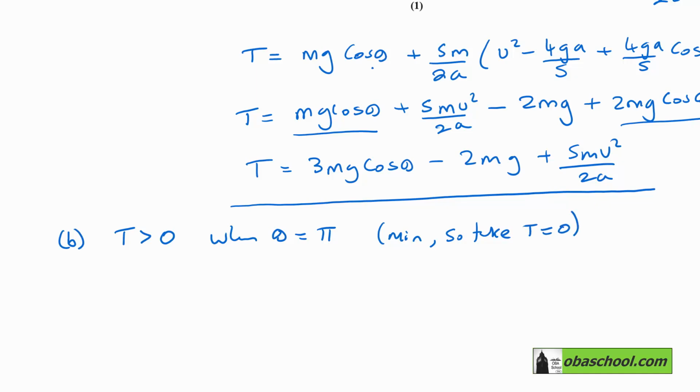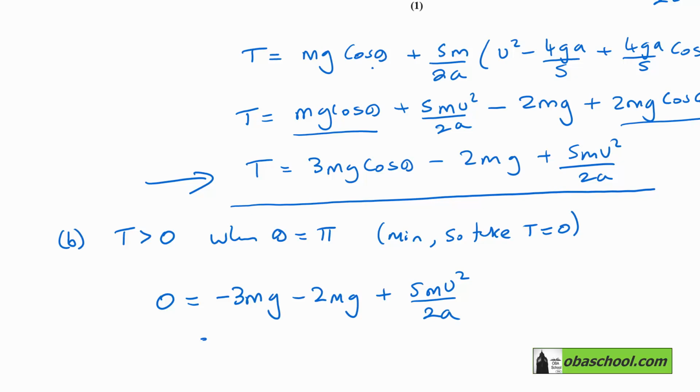If we take T equal to 0 and theta equal to pi and substitute them in here, we get 0 equals negative 3mg minus 2mg plus 5mu squared on 2a.